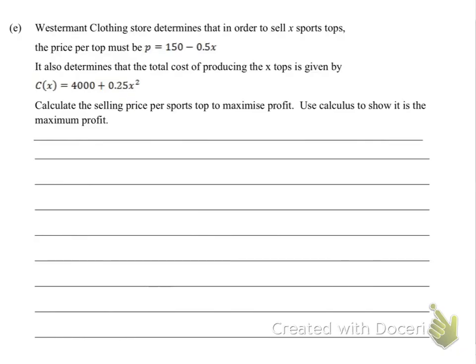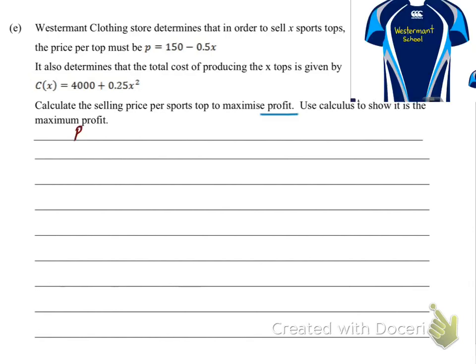Here we've got a clothing store. We've got to calculate the selling price per sports top to maximize profit. Because we want the maximum, we're going to have to differentiate. But first of all, we want a profit equation. And this is probably the hardest bit. The profit is your income minus the cost.